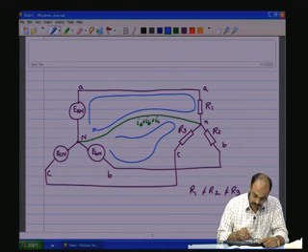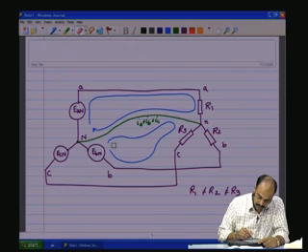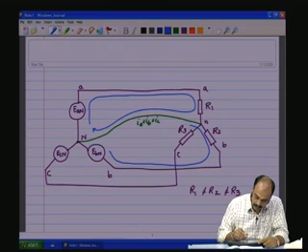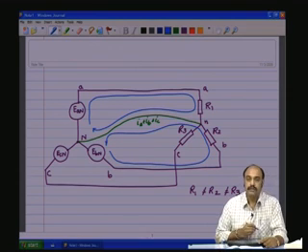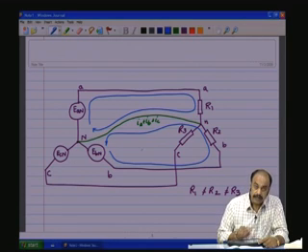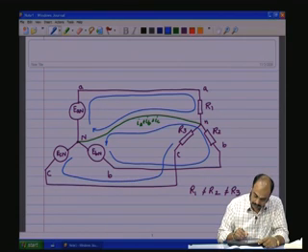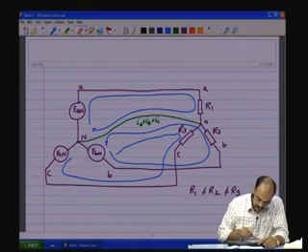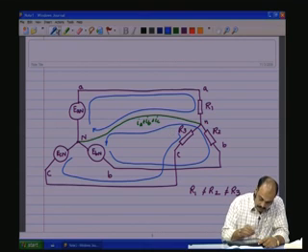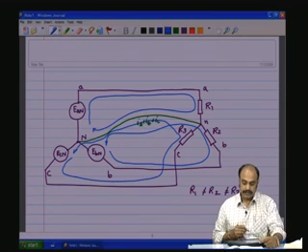EBN along with its circuit is another independent circuit, and ECN along with its circuit becomes another circuit.